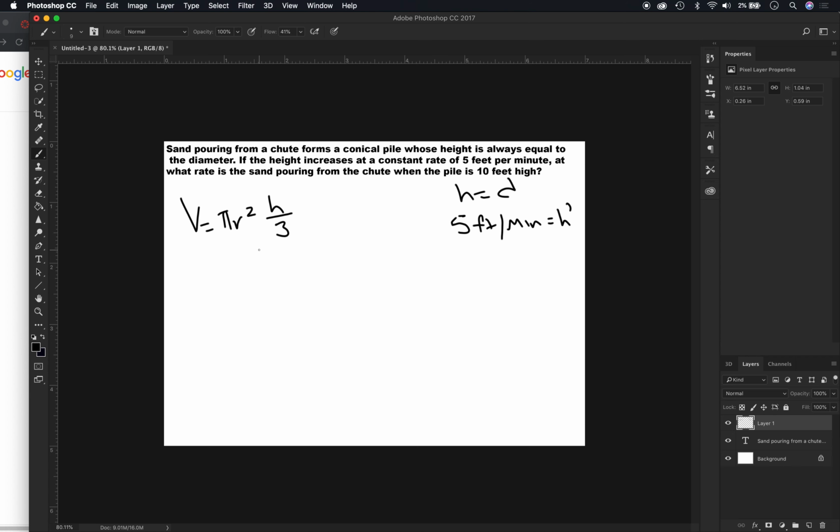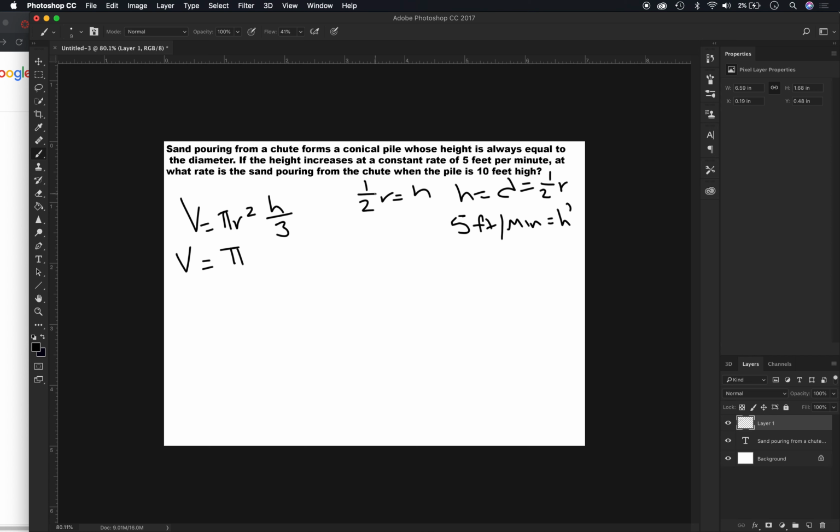Now we have that, so we can plug in some stuff right now. Do we have r? We have diameter, and the radius is half the diameter. Do we have V? No. Pi, basically, well, hold up.